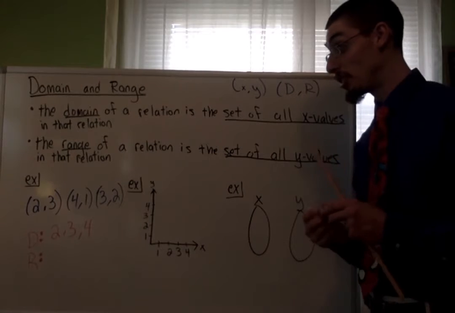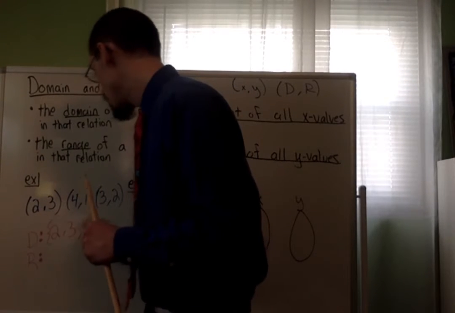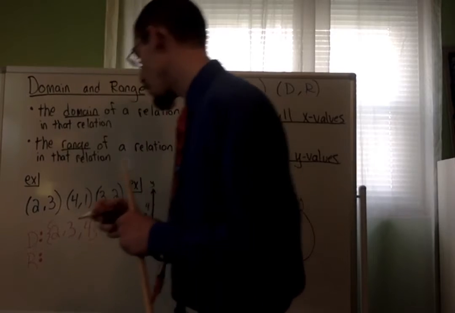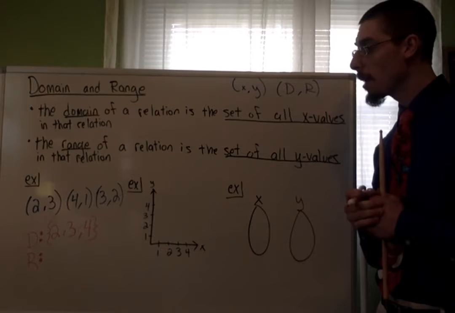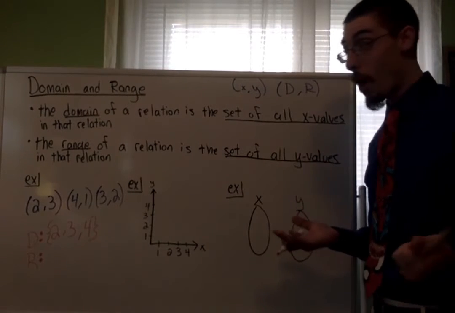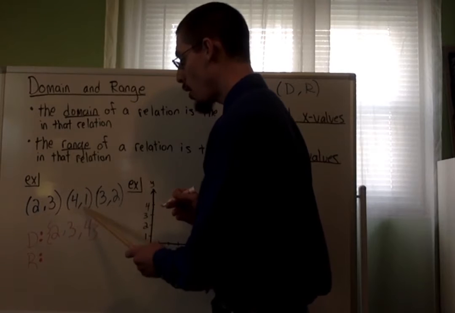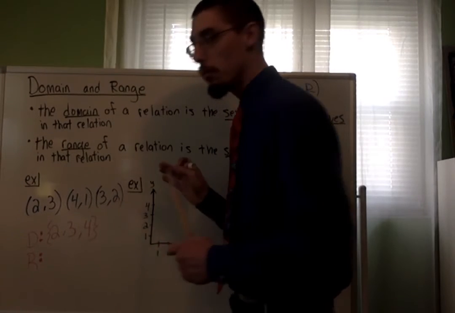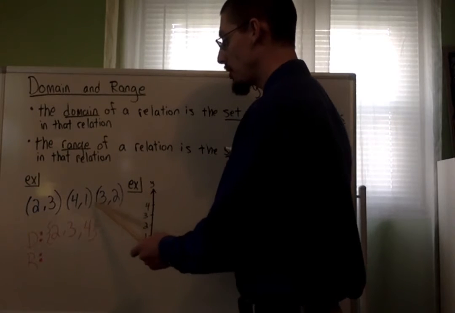Very, very simple. It's just a list of numbers. Usually we put them in braces, these little squiggle lines, but that's what they look like. Now the range, the list of my y values. So 3, 1, and 2. Which one comes first?